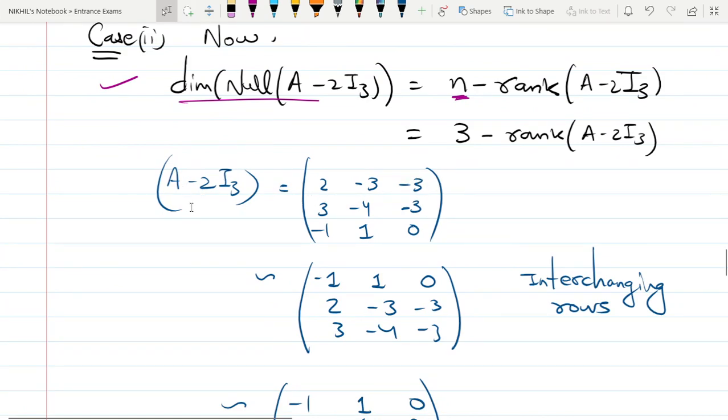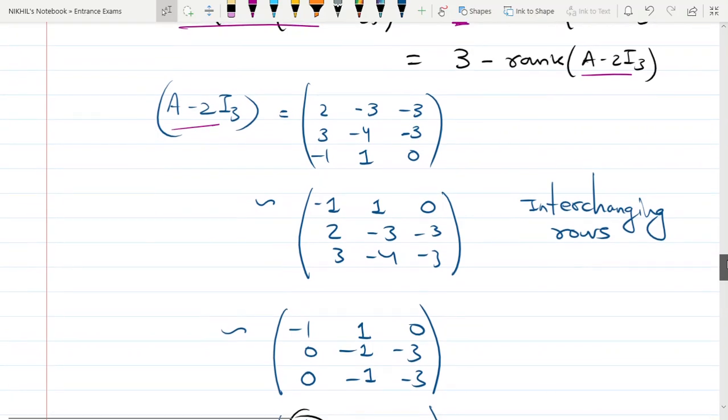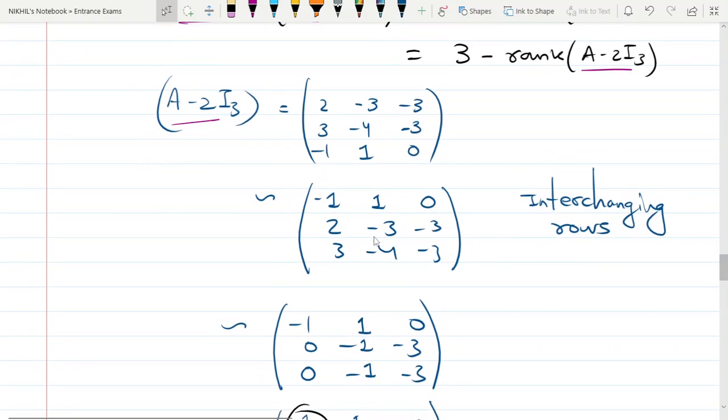In order to find the rank of this matrix, I have calculated A minus 2 I3 from the original matrix. I have subtracted 2 from the diagonal. Now I'm applying some elementary row operations, which are quite straightforward and easy. Here I have interchanged the rows: the first row goes to this place, this comes to the second place, and the second row comes to the third place. That's how my matrix looks.